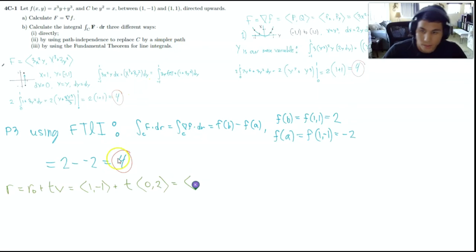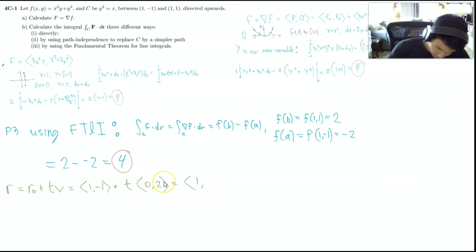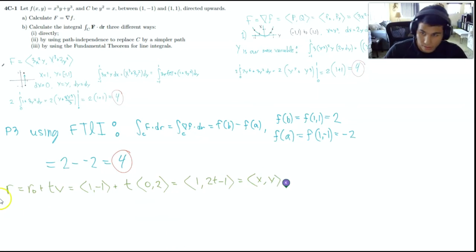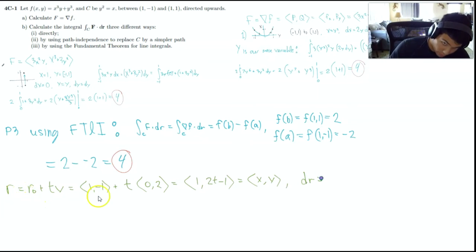And this would be, okay, 1 plus t times 0 is 1. And negative 1 plus 2t is 2t minus 1. Okay, and this would be x comma y. And if we were to find dr, well, dr would be the derivative of this, which would be 0, and the derivative of this, which would be 2 dt.